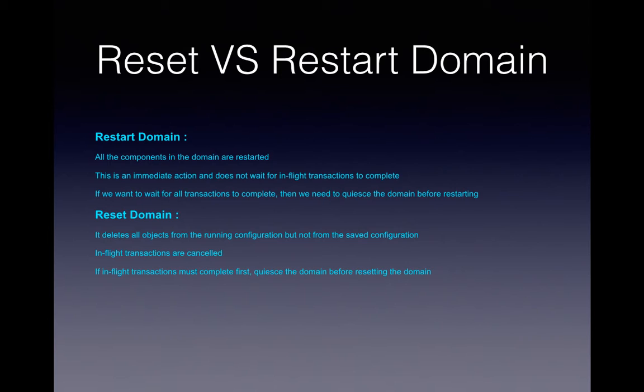So when you reset the domain, whatever configurations have been saved will be retained, but whatever configuration we have changed after that save configuration has been done is lost. The same stands for the transactions as well. The in-flight transactions are cancelled, and if we want them to be completed, first we have to quiesce the domain before restarting it.